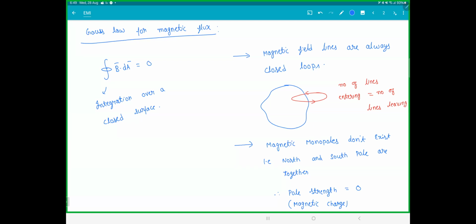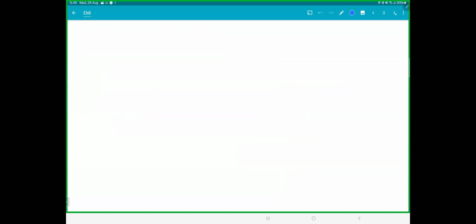Let's do a few questions on flux and then we'll go ahead. All clear with this? Okay, right. Let's see a question. We have a magnetic field region. Let this be root 3 a.